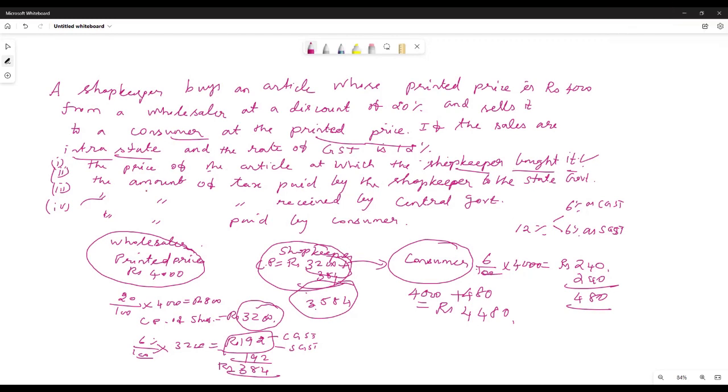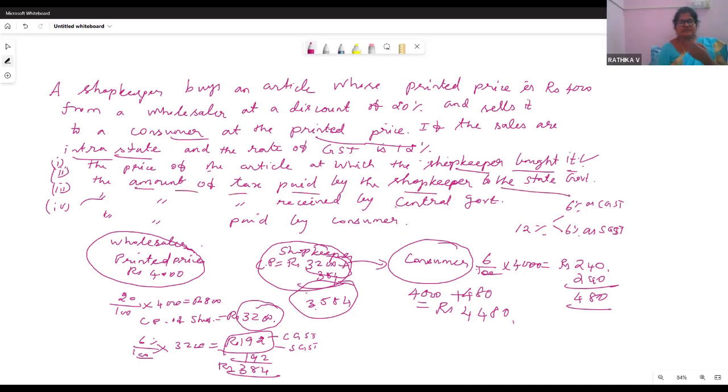Second question, the amount of tax paid by the shopkeeper to the state government. State government alone we should see now. The shopkeeper, the middle person, how much amount he is paying, we will see that as output GST minus input GST. We want it only for the state government.